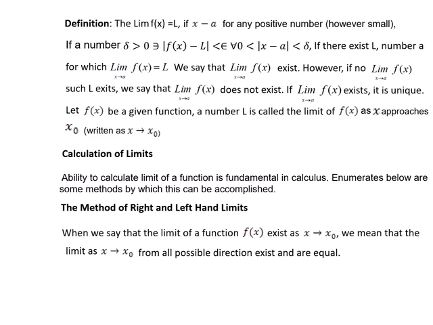When we say that the limit of a function f of s exists as s tends to s naught, we mean that the limit as s tends to s naught from all possible directions exists and are equal.